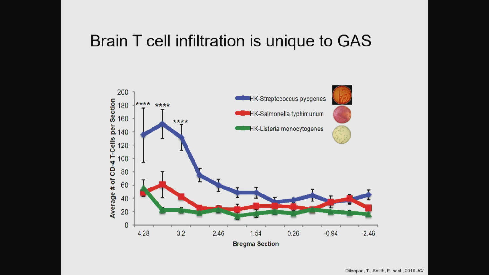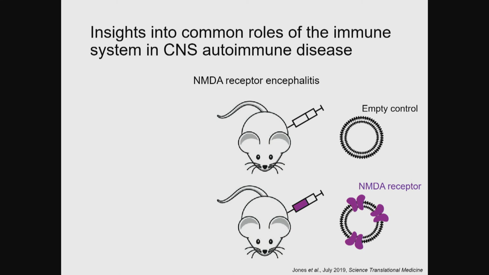And excitingly, a paper from Gary Westbrook's lab just came out talking about NMDA receptor encephalitis in a mouse model, where they inject these mice either with the NMDA receptor suspended in these fatty spheres, or empty fatty spheres as control.